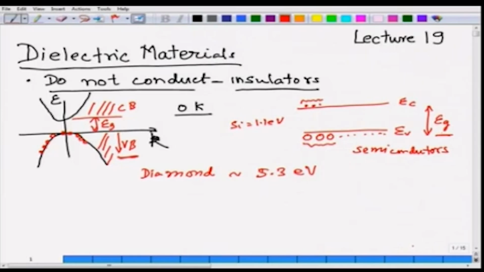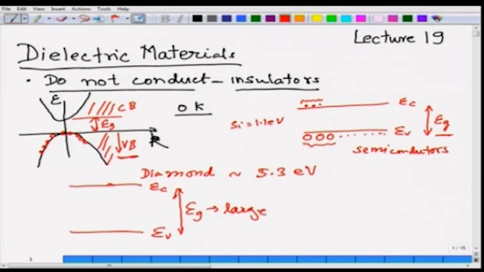Then at nominal temperatures, let's draw it like this, this is Ec, this is Ev, and a large band gap Eg. These electrons which are here are not going to be able to jump up here. This jump will be very difficult, and hence again these materials will not conduct, and these will be insulators.